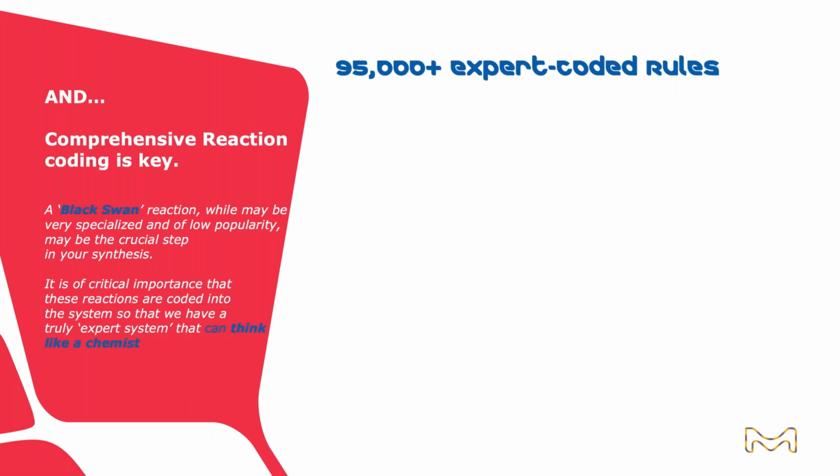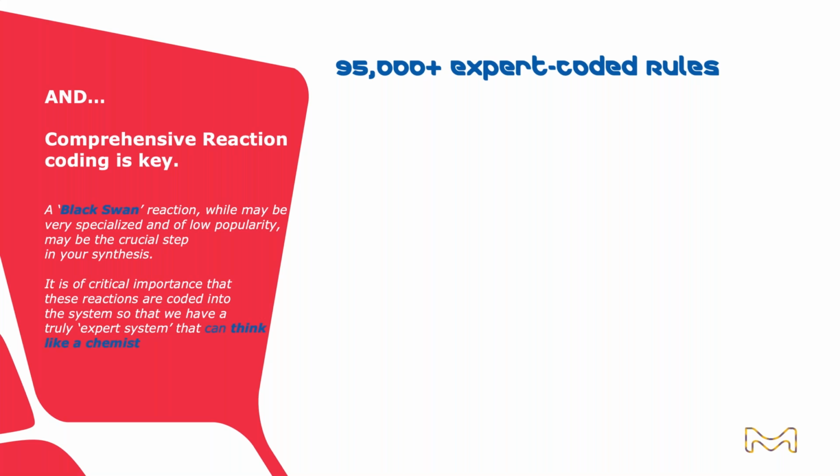The other advantage of hand coding the rules is that it allows us to have fairly comprehensive coverage of the reaction space compared to using a machine learning approach to generate a tool like this. So, machine learning is, of course, a very popular topic and can be very powerful, but it's limited by the data sets that it uses to train the models.